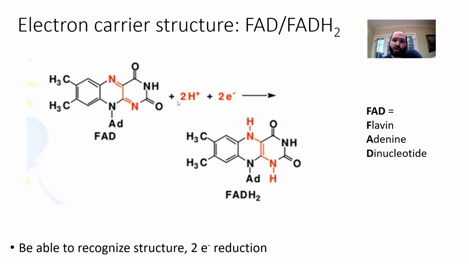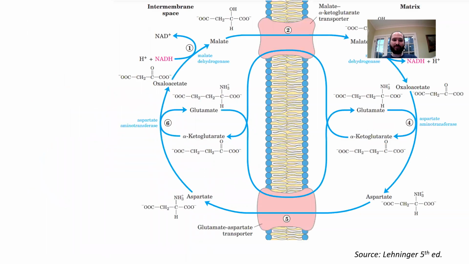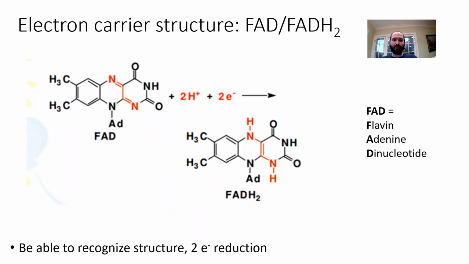And then it doesn't have any charges. There's no gain or loss of charge like there is with NAD+, because it's gaining 2 protons and 2 electrons, so it doesn't change charge. If you're ever curious why FAD doesn't change charge but NAD+ does, this would be why. The electron transport chain doesn't only give away 1 electron. We will get to that. Questions here?